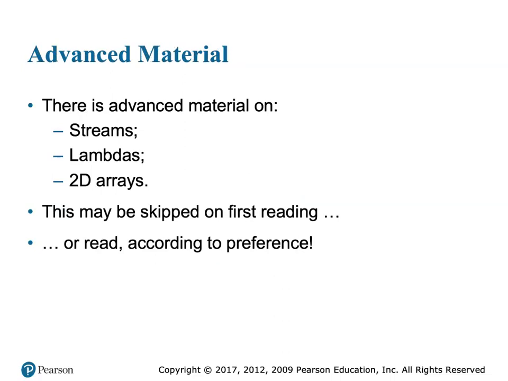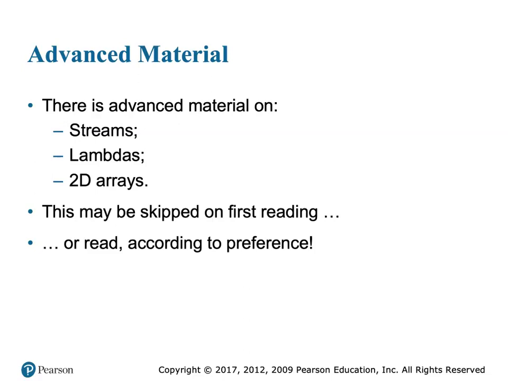Now, Java as a language has been modified over the years. Any language needs to evolve, and part of that evolution has added some complexity and, some would say, some cruft to the language.